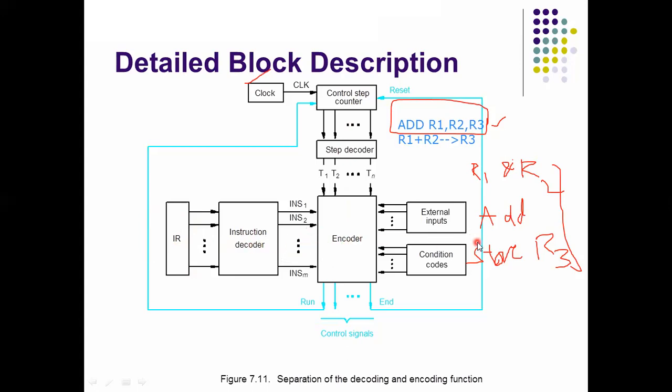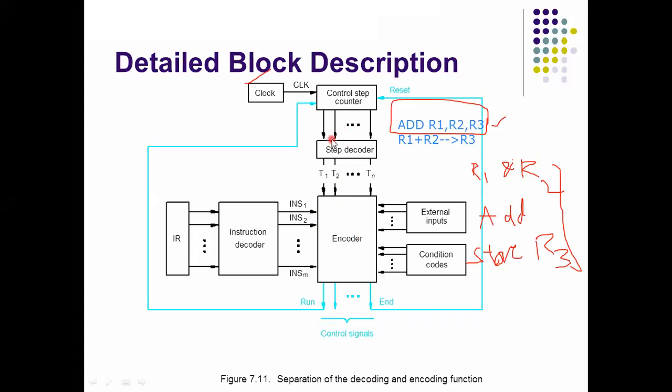Next, the contents of the condition code flags. Next, external input signals such as MFC and interrupt request. Totally, by executing this hardwired control unit, these are the control signals we need.